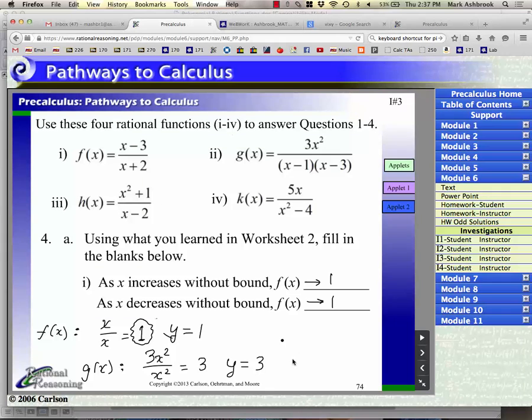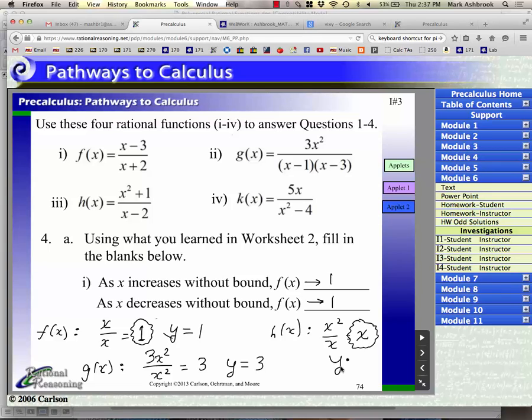Okay, number 3, effective leading term. So for h of x, what's the effective leading term? x squared over x. So now, when x gets really large positive and negative, the function is going to behave like the function y equals x does.